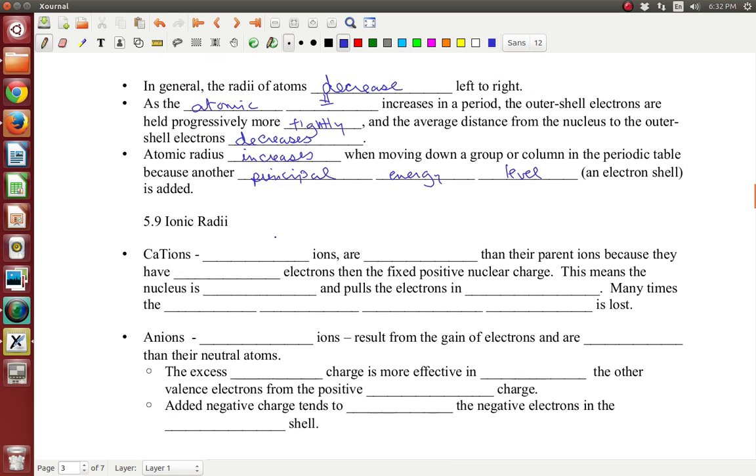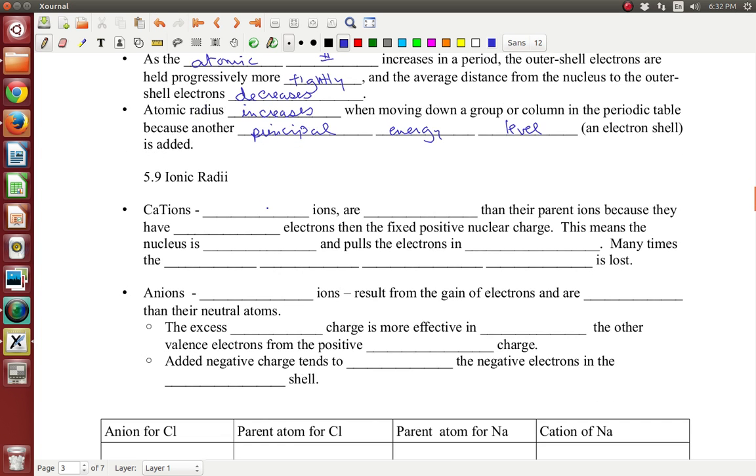Okay? Ionic radii. When we make an ion, remember you make ions by adding or removing electrons. Cations are positive ions. Remember that? Positive T in the middle there.